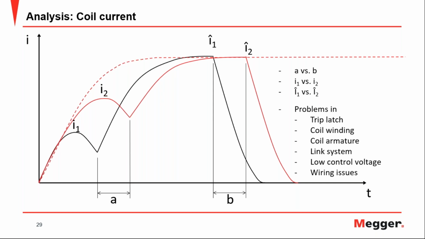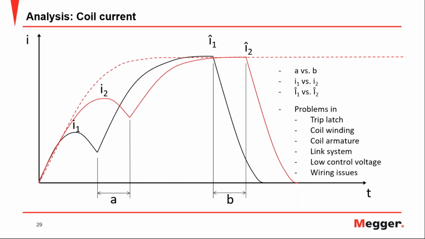You could end up finding problems with the coil winding, coil armature, low voltage issues or wiring issues. All the operation of the breaker happens because of this coil operation, so anything that happens from that point on will be affected by these delays or operations.